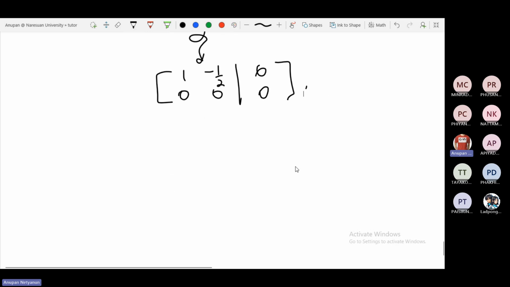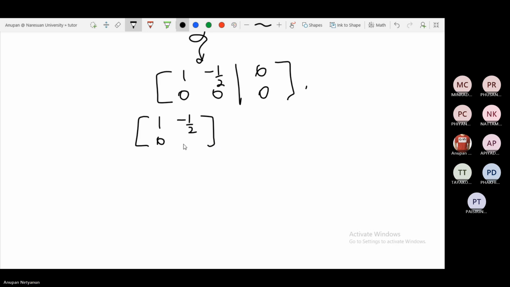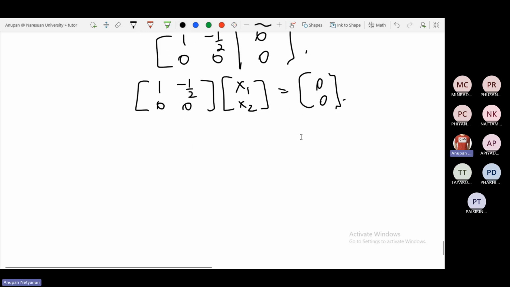Okay. Now convert back to matrix form. So this one, x1, x2. Multiply them together on the left-hand side.